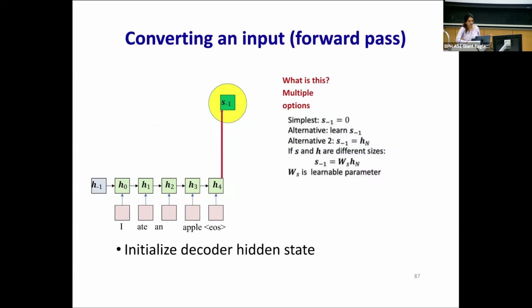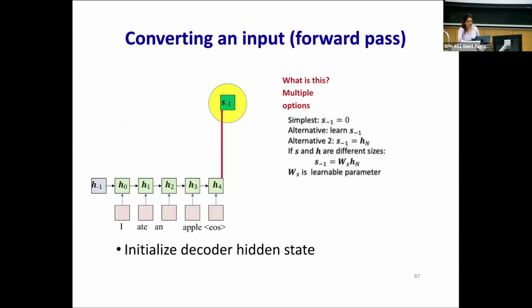The second thing is that we can make the hidden state a learnable parameter, or we could alternatively just use the last output of the encoder as the initialization for the decoder. But if there is a mismatch, then as I mentioned in the previous slide, we can use a transformation between them.